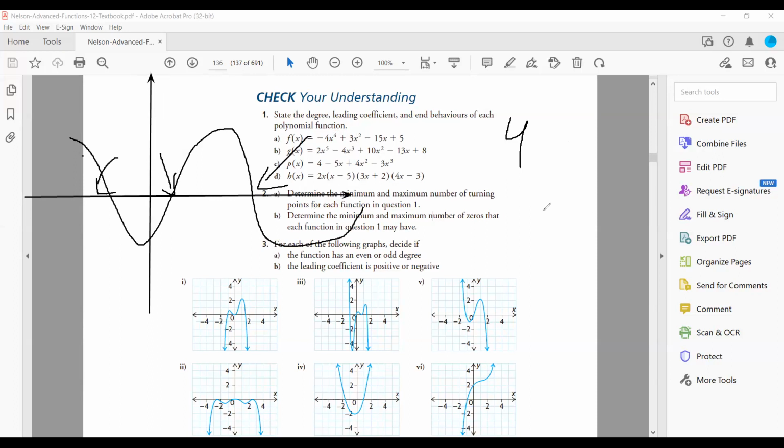If we say determine the minimum and maximum number of turning points, we know that the number of turning points would be 1 less than the number of zeros. And how many zeros can we have in this function? If this function is 4th degree, it means we can have up to 4 zeros.